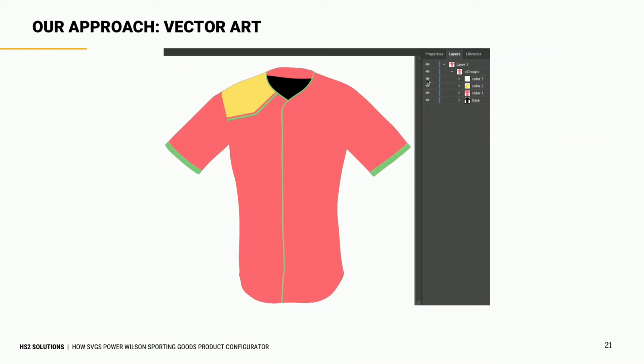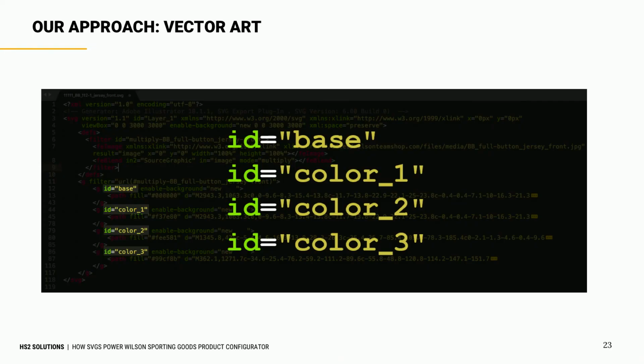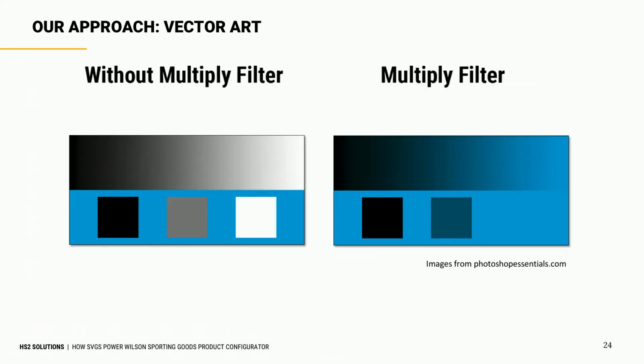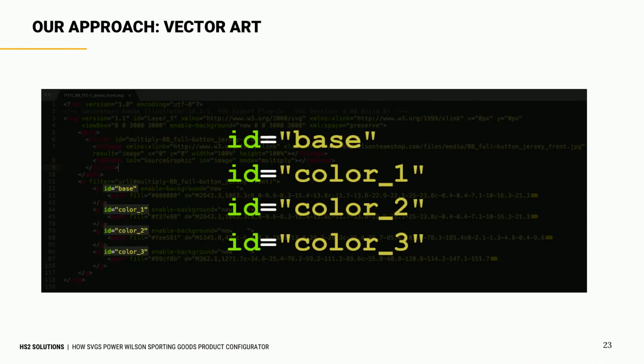So black is base. Color 1 is everything that's pink. Color 2 is yellow. And color 3 is green. So those are the IDs, and they're grouped in the code there. So that's what we get. So they're able to draw happily in there. We inspect the code and give the thumbs up, and we're ready to go.